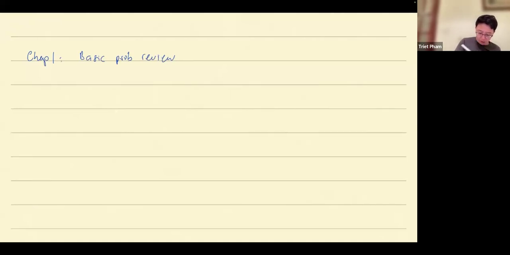The things that we looked at were the inclusion-exclusion formula and conditioning.